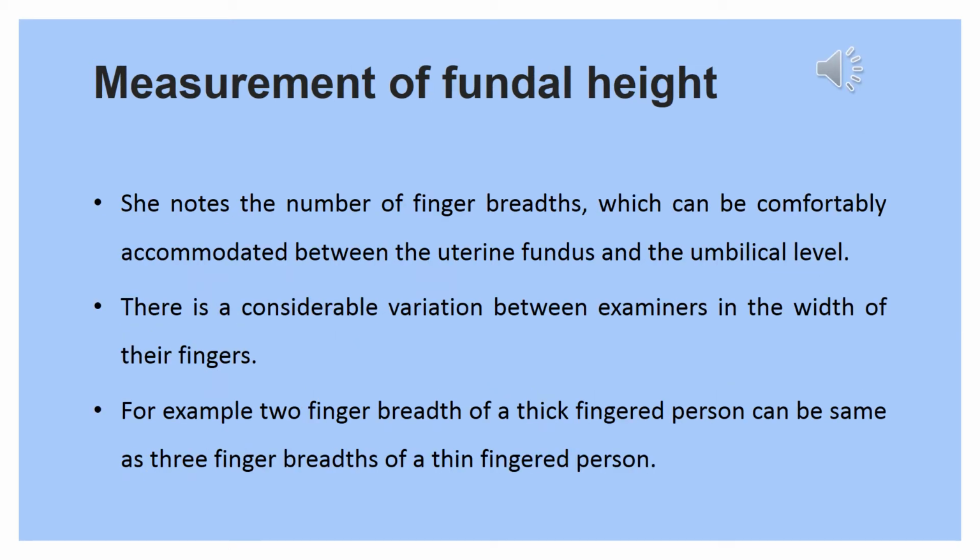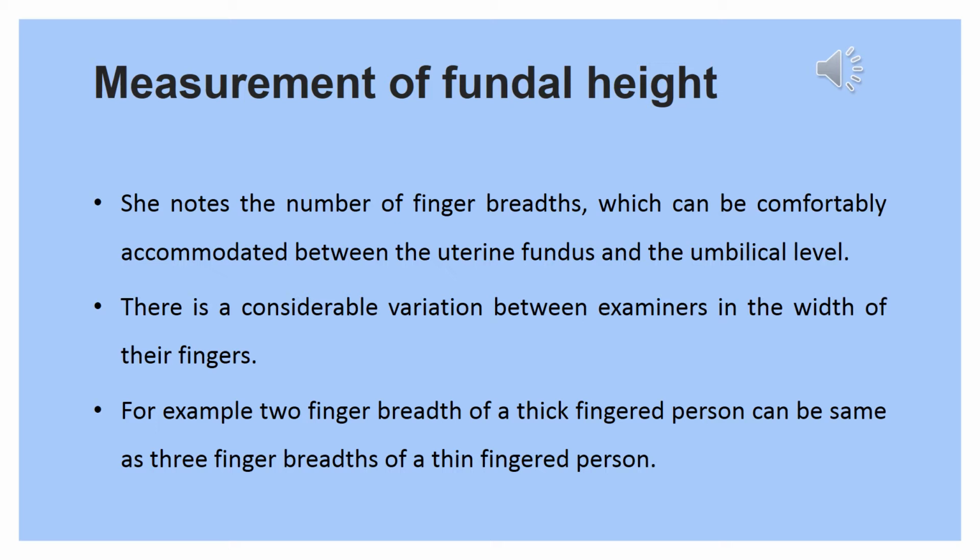Then she notes the number of finger breadths which can be comfortably accommodated between the uterine fundus and the umbilical level. So up to the umbilicus we consider 24 weeks. After that each finger breadth will be considered as 1 week. So how many fingers you can accommodate, that will be counted as 1 week each.